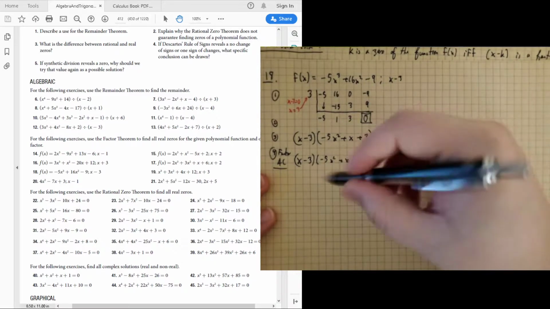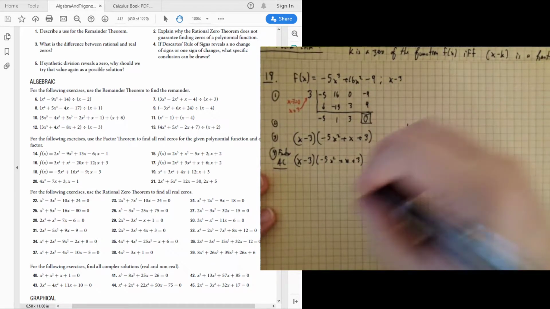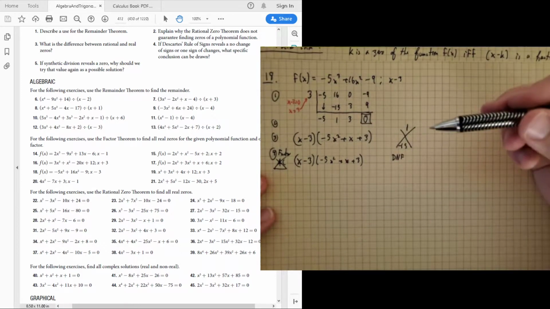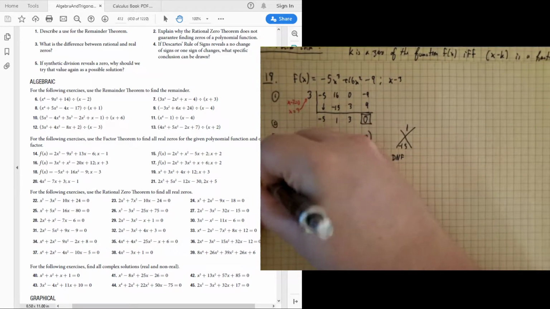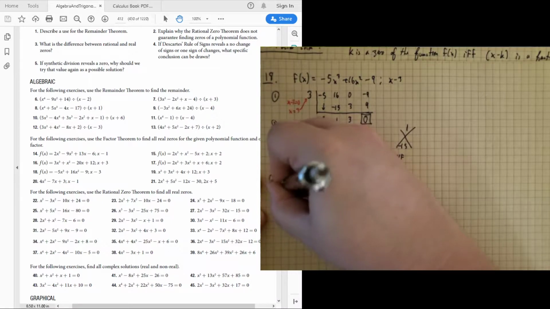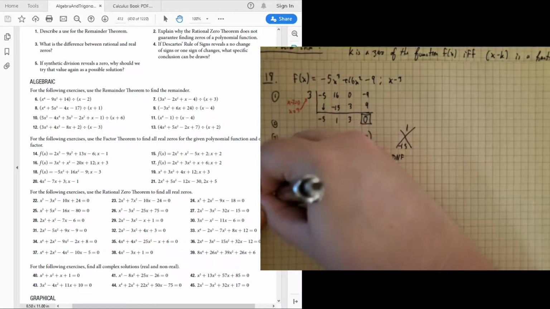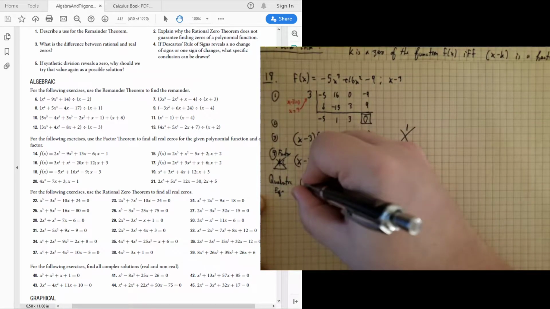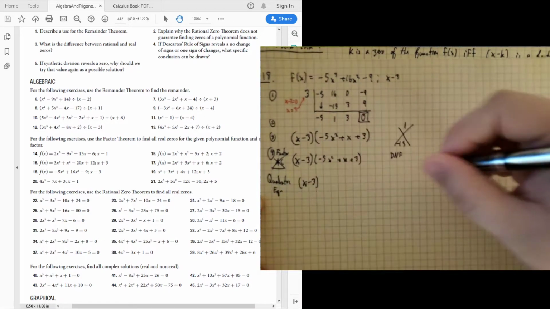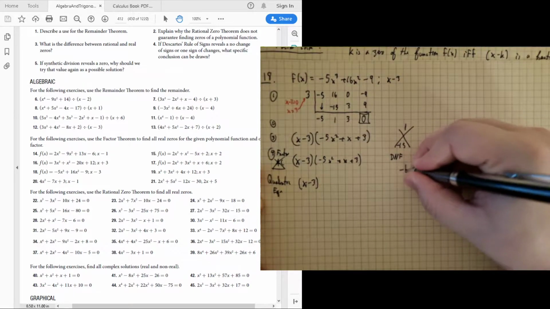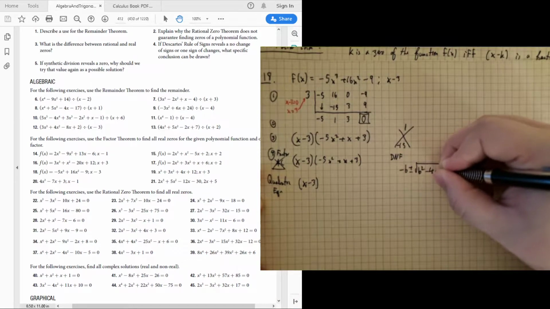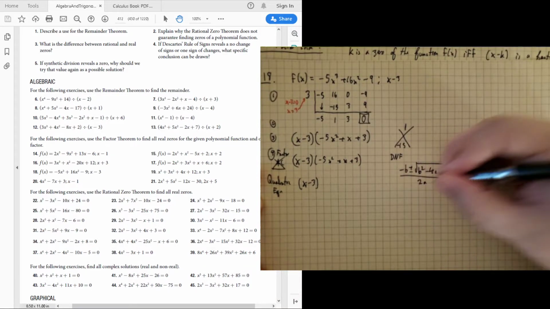Now, if it doesn't factor, there is one more thing you can check. So I tried the AC method, and the AC method didn't work. And if I try standard factoring, it doesn't work either. So my last resort, I'm going to try the quadratic formula. Remember, the quadratic formula allows me to find factors indirectly by using negative b plus or minus the square root of b squared minus 4ac all over 2a.